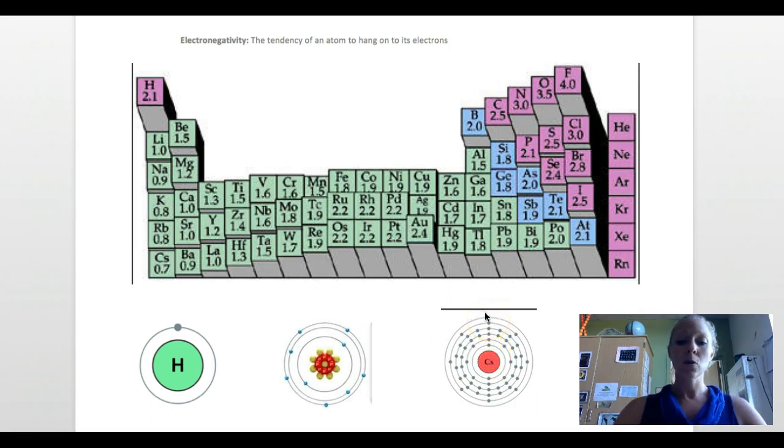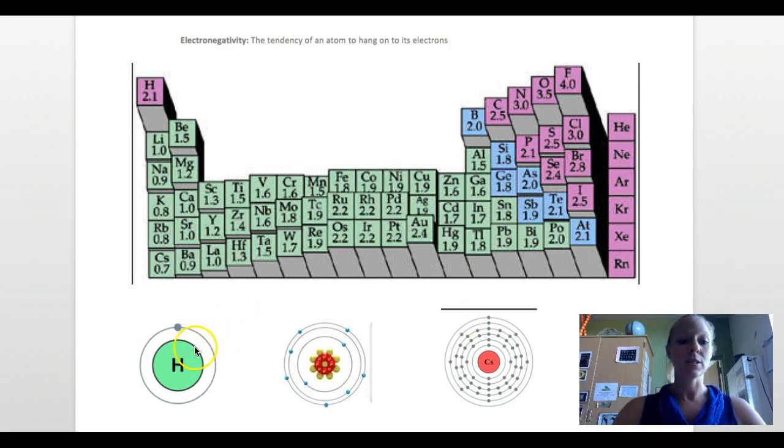And notice this lone little electron all the way out here, far, far away from the positively charged nucleus. So it's going to have less of an affinity for that electron. It's going to more likely lose that electron. So its electronegativity is going to be lower.